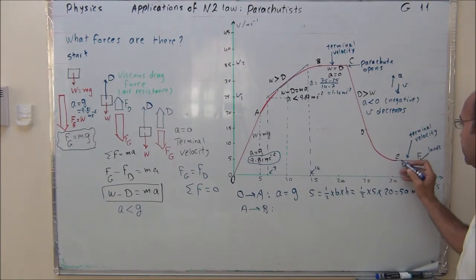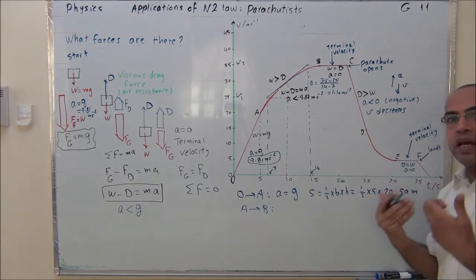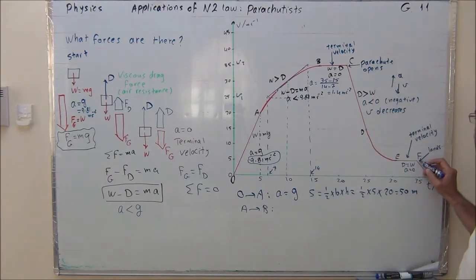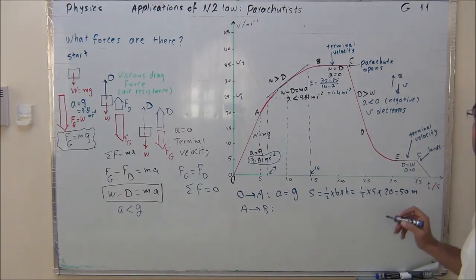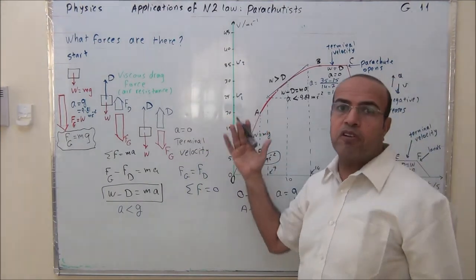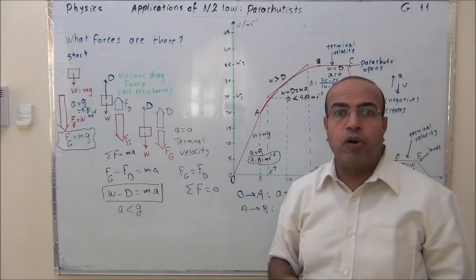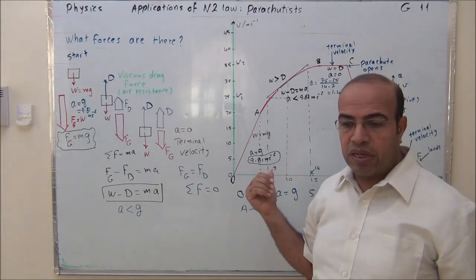So from E to F, this is the second terminal velocity, to land at point F. So this is the movement of the parachutist through the graph, and the forces acting on the skydiver.